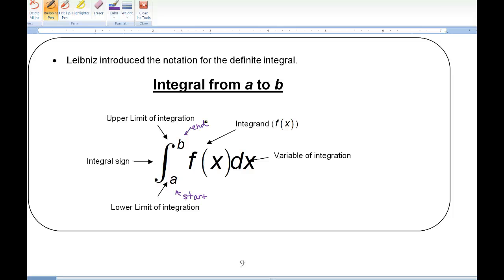The integral and the dx have to go together. You can't have an integral sign without a dx or a dy or a dt or a dp at the end. These have to go together in order to integrate.